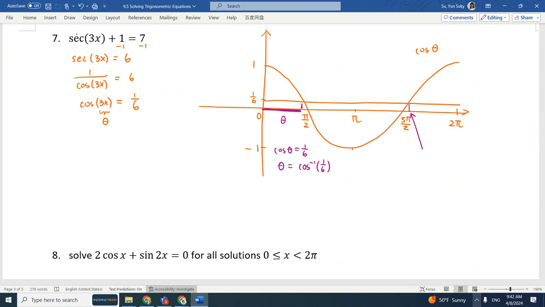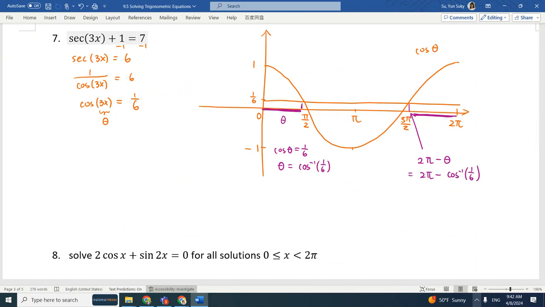This is 2 pi minus theta. So 2 pi minus arc cosine of 1 over 6. Okay, everybody? So we have either this angle or that angle.